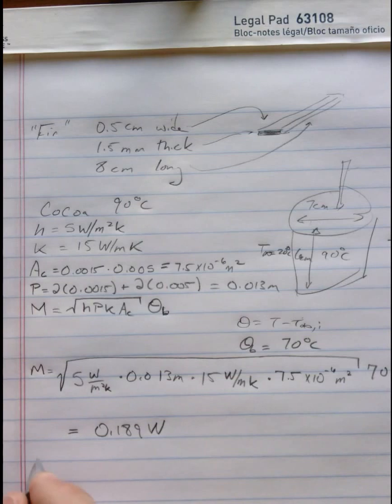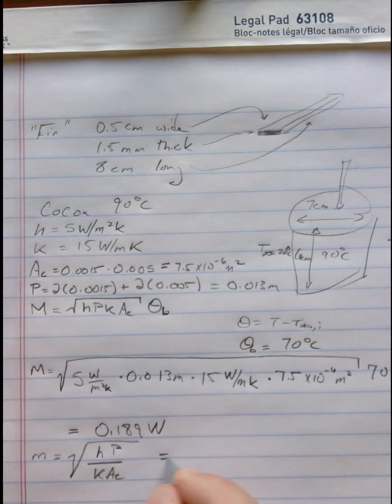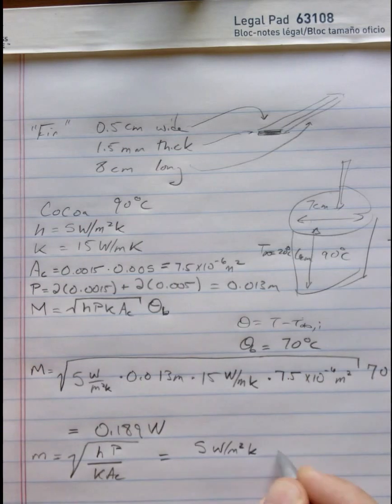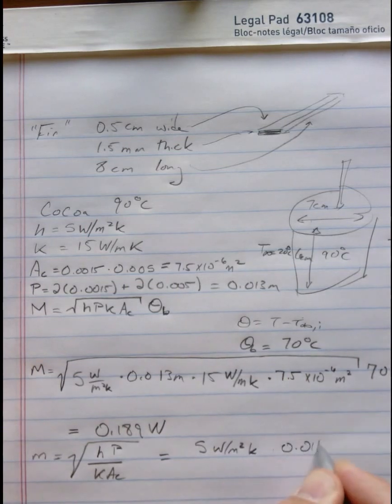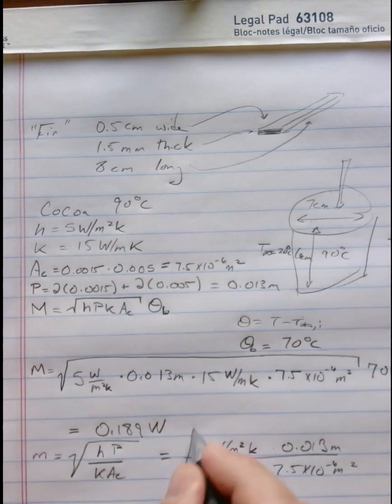I also need the small m, which is the square root of h times the perimeter over k times A_c, which is equal to 5 watts per meter squared Kelvin times 0.013 meters over 15 watts per meter Kelvin times 7.5 times 10 to the negative 6 meters squared, all that square root.